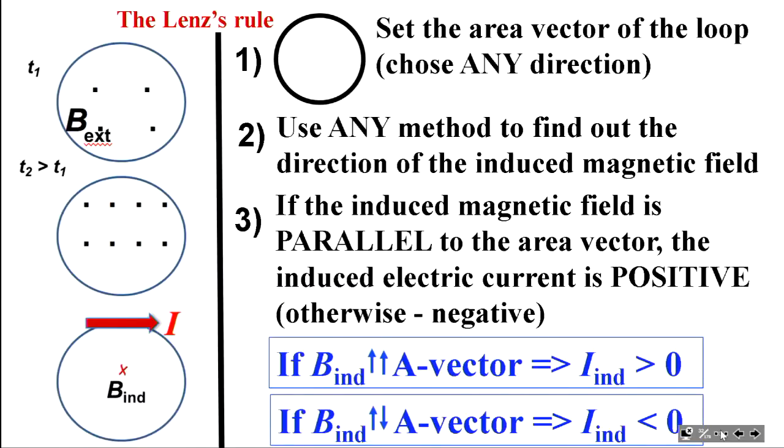Because they take too much time. So that's why people have invented mathematics, symbolic representation. Only two options. When the induced magnetic field and the area vector are parallel, induced electric current and automatically induced EMF is positive, otherwise it is negative.